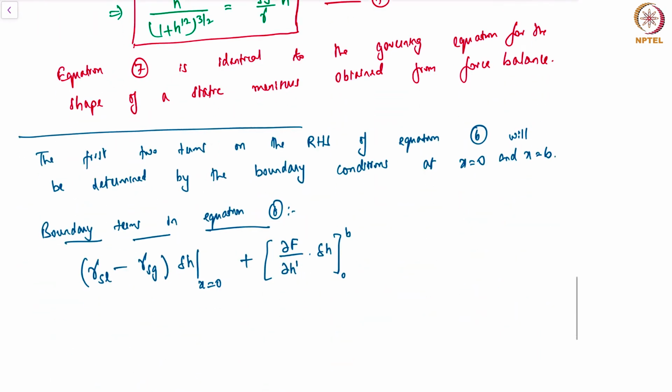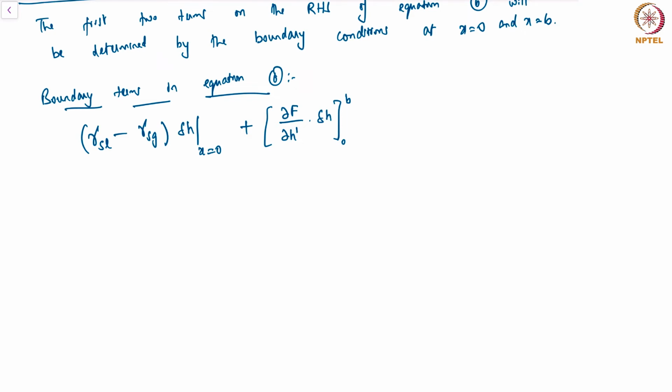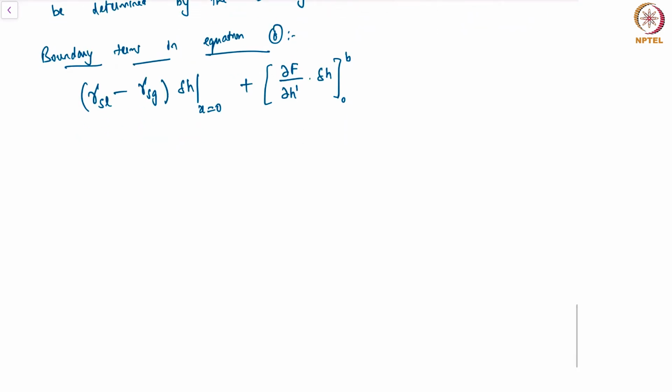Now let's take a look at the interface. If I'm at any arbitrary location, and the angle is theta, and I focus on this triangle, where this is delta s, this is delta x, and this is minus delta h, then h prime, dh by dx, is minus cot theta.